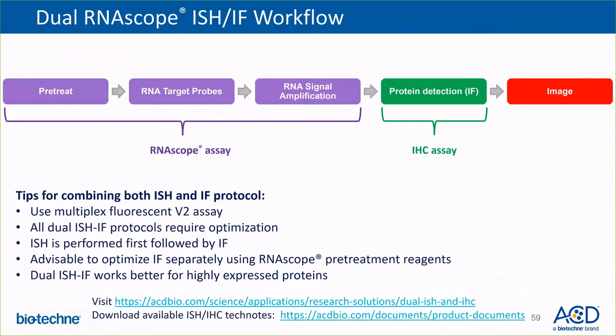And if you do notice the protein detection becoming weaker after combining with the RNAscope assay, you may try to increase the antibody concentration or reduce the protease treatment. We do have detailed technical notes available on our website. If you have further questions regarding IF, please do contact technical support.